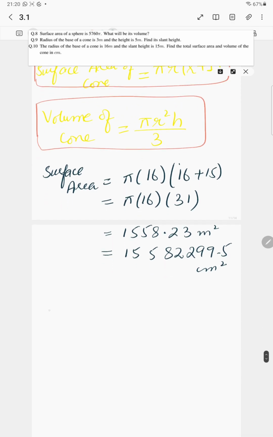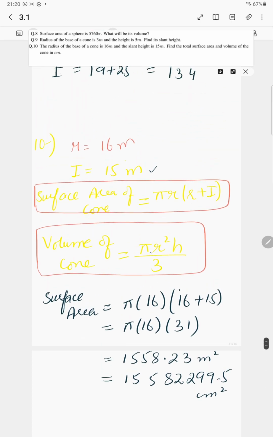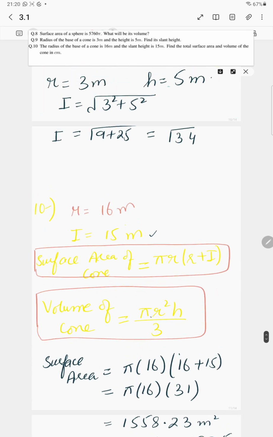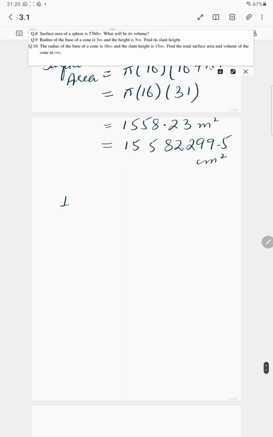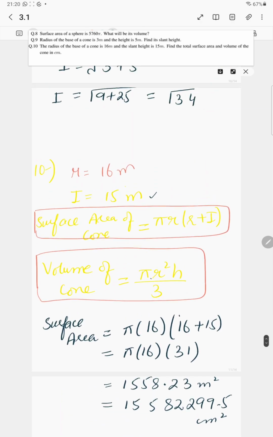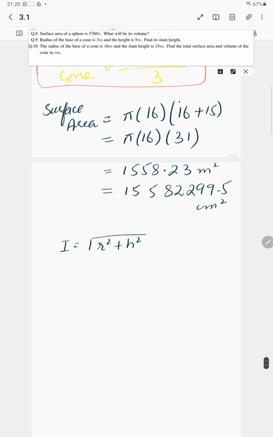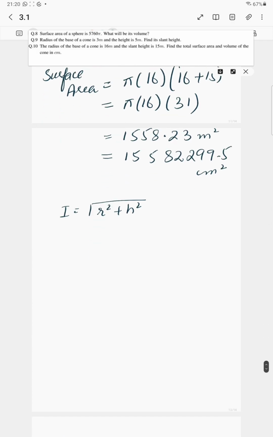Now about volume. To find the volume we need pi, r and h, and we do not have h. So we know that formula for slant height is l is equal to square root of r square plus h square, and using this formula we can find h. R is 16 and l is 15.